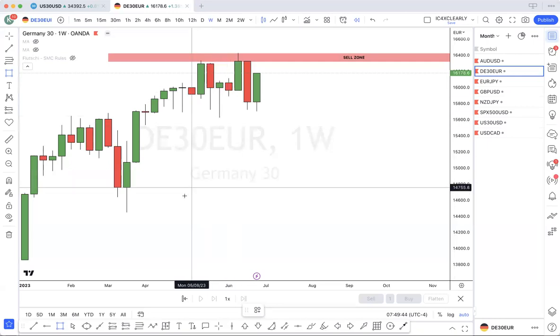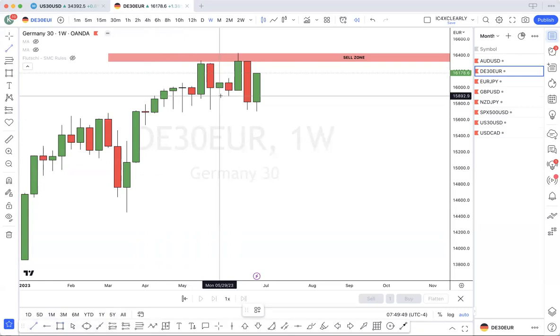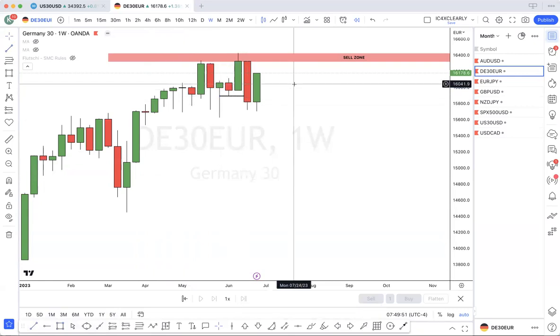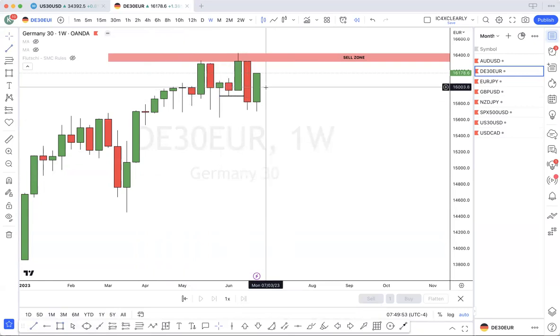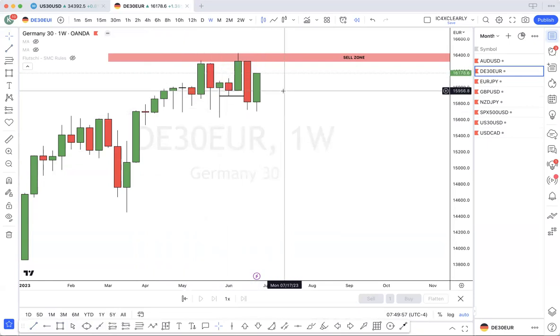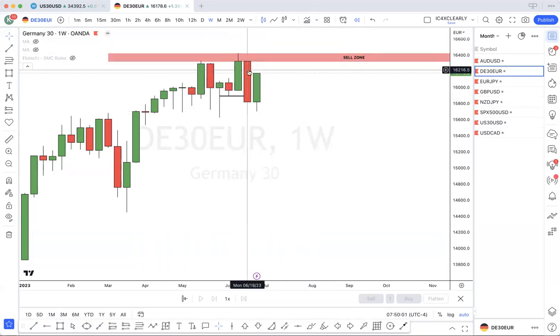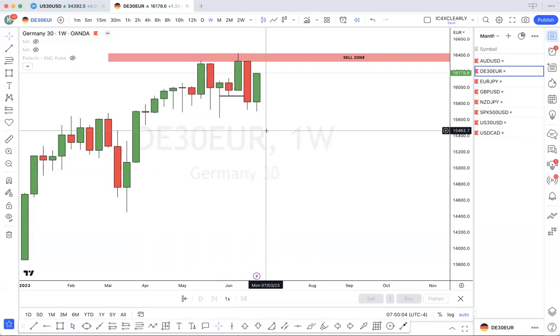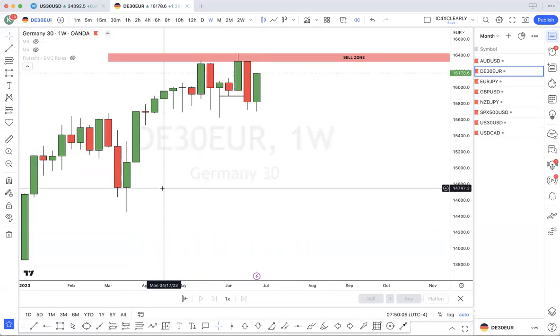This bullish order block was violated. So I would be watching this, as this may consolidate to break out the top, or this may be consolidating to start selling back down.